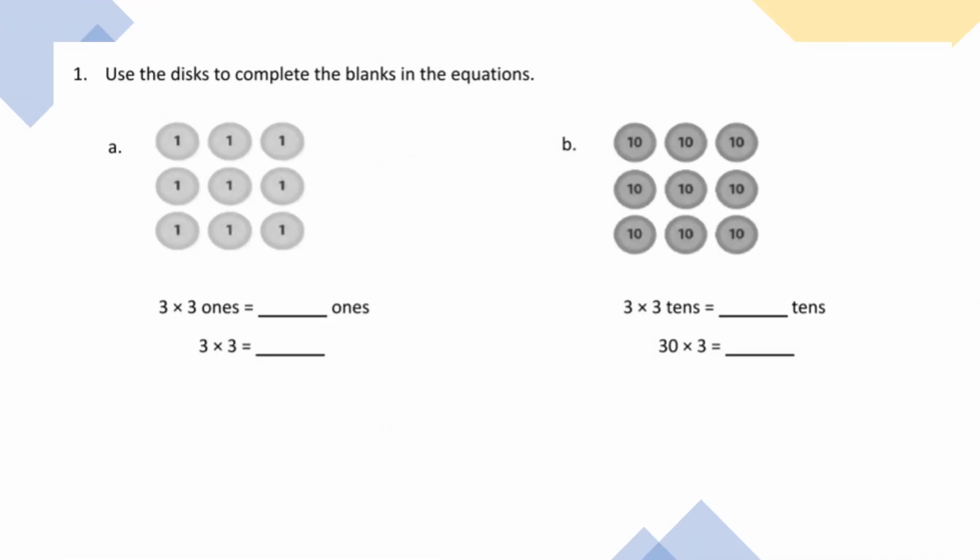Number 1 says, use the discs to complete the blanks in the equations. So let's look at letter A. For letter A, we have 3 rows of 3 ones. Now we're going to count the ones that we see.